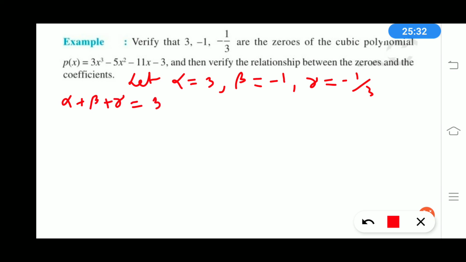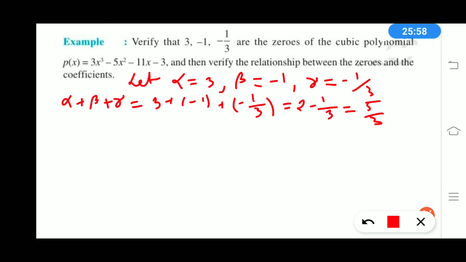So that means 3 plus minus 1 plus minus 1 by 3. So equal to 2 minus 1 by 3, so equal to 5 by 3. Clear?